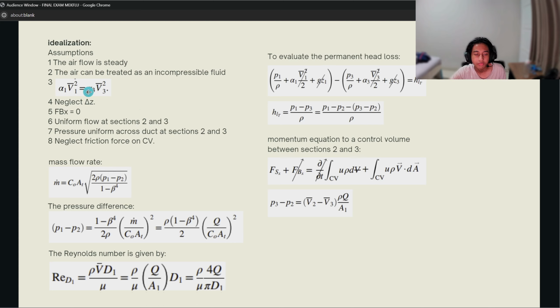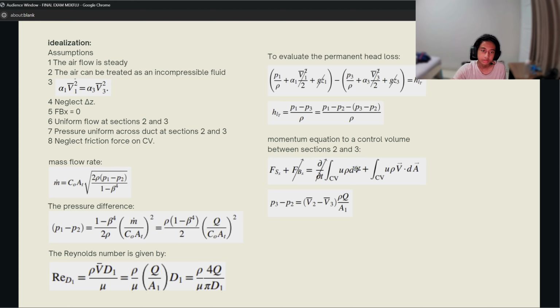Then alpha 1 v1 squared is equal to alpha 3 v3 squared. We neglect delta z, and F_Bx is 0. The flow is uniform at sections 2 and 3, the pressure is uniform across the duct at sections 2 and 3, and we can neglect the friction force on the CV.